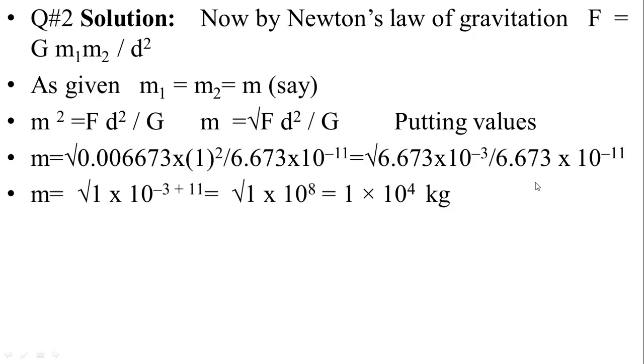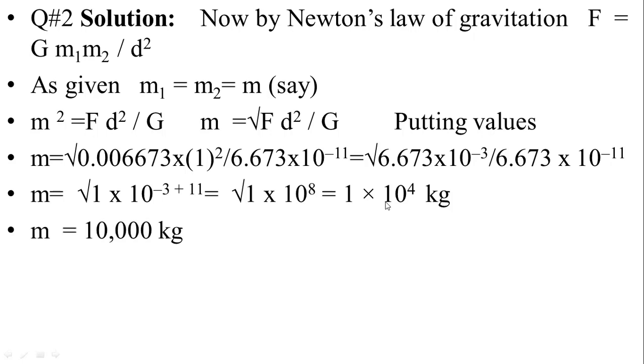When the power moves upward, the negative sign will be changed. So 10 to the power minus 3 plus 11 becomes 1 multiplied by 10 to the power 8, whole square root. Taking the square root, we get 1 multiplied by 10 to the power 4 kg.